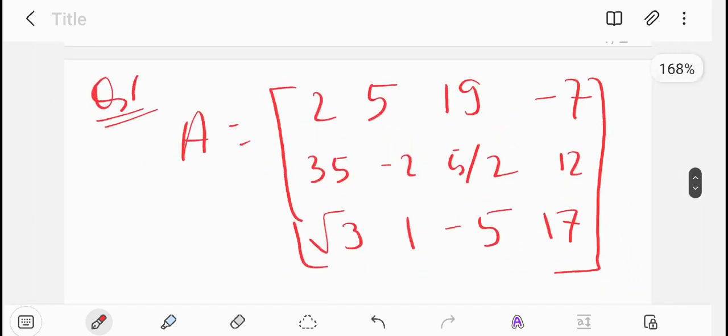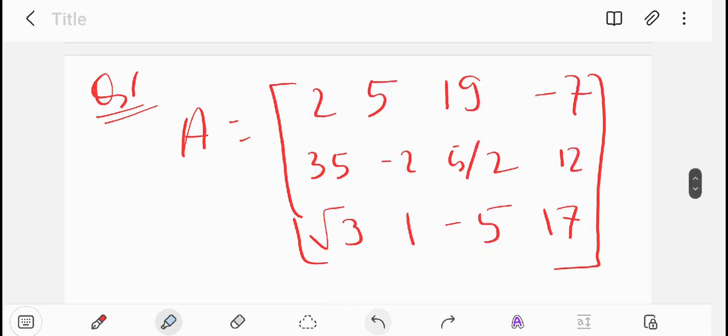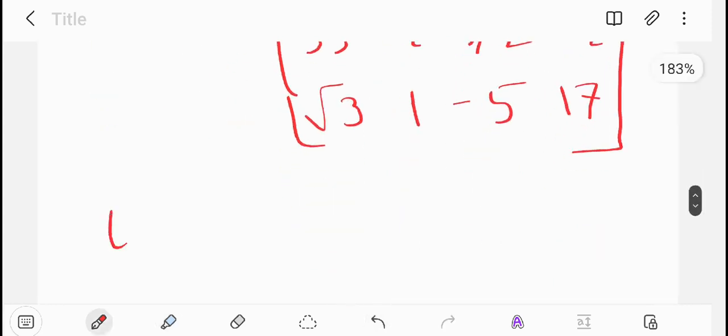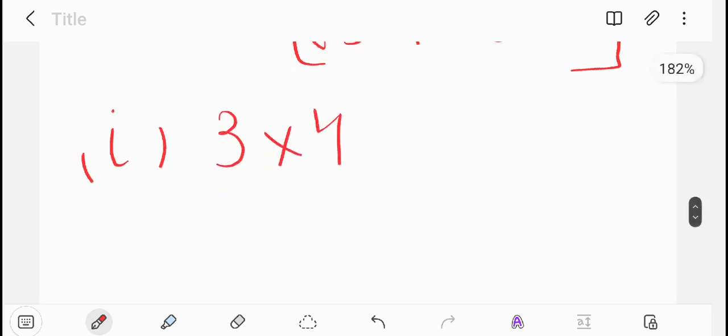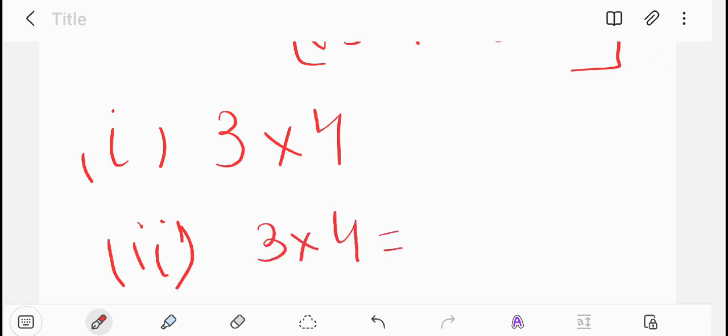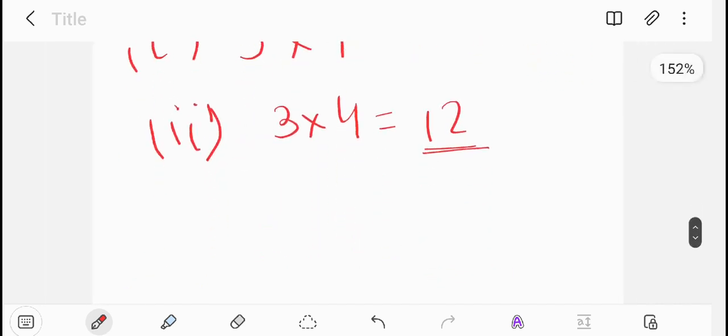As you can see here, there are 3 rows and 4 columns. So clearly the order of this matrix is 3 by 4. In the second part, we are asked about the number of elements. The number of elements in this matrix is nothing but 3 into 4, which is 12 elements.